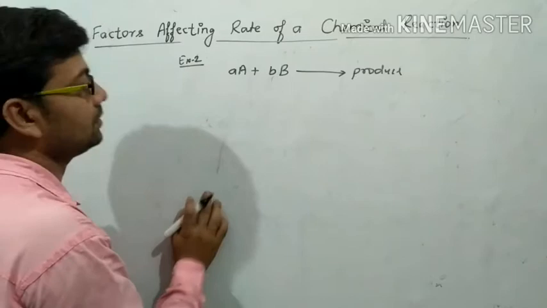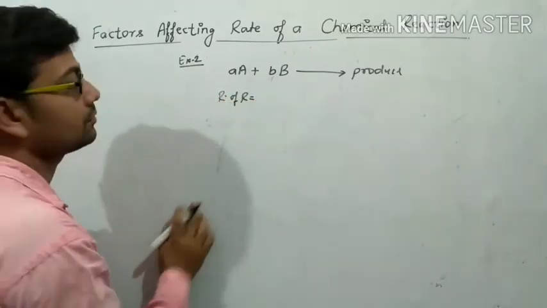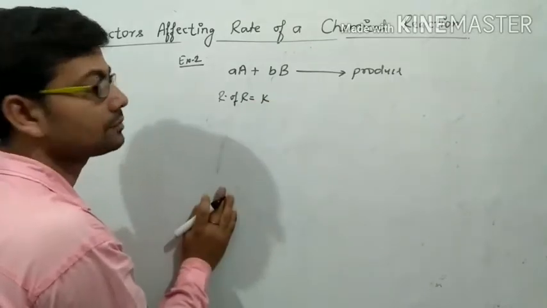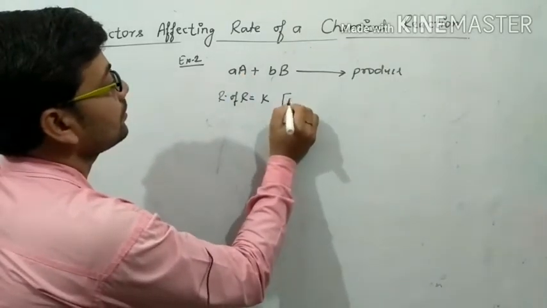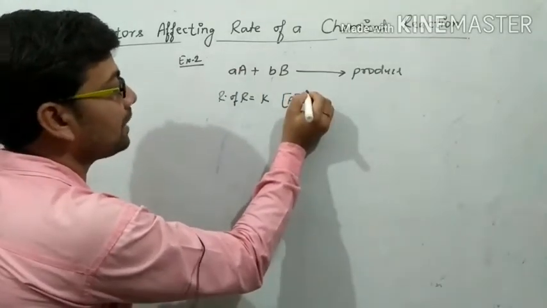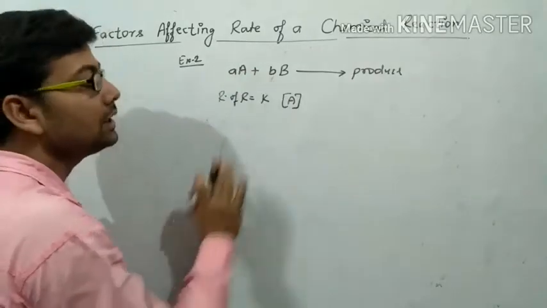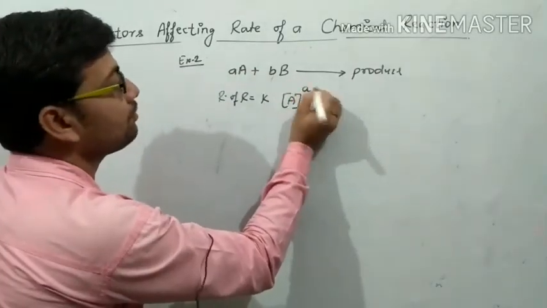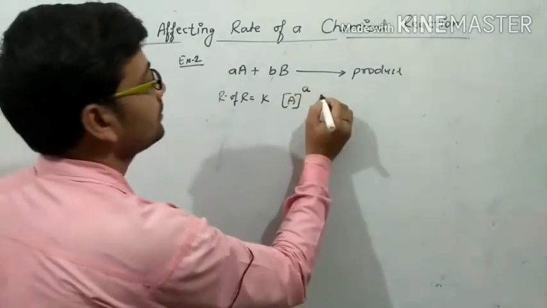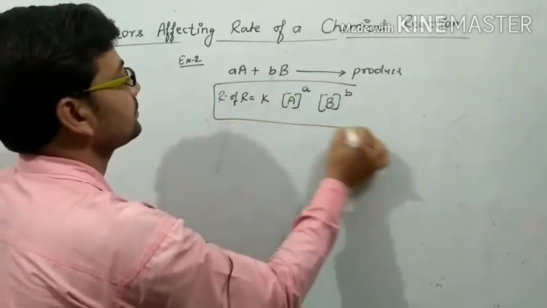The rate of reaction is equal to K, the molar concentration of A raised to the power of its numerical coefficient a, and the molar concentration of B raised to the power b.